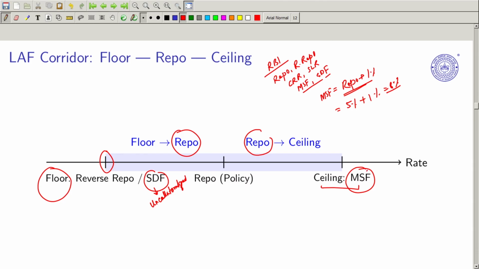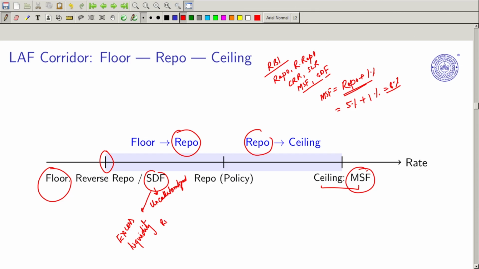So, these are the instruments, and if banks have excess liquidity, they can park this excess liquidity with RBI and they will get a rate of interest.